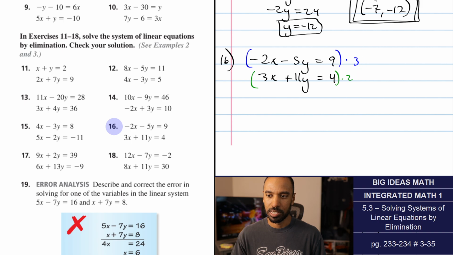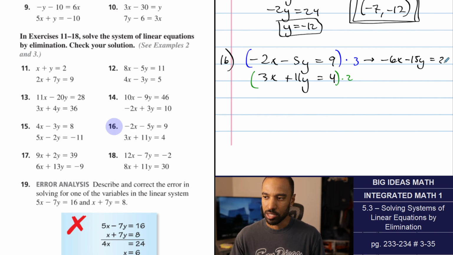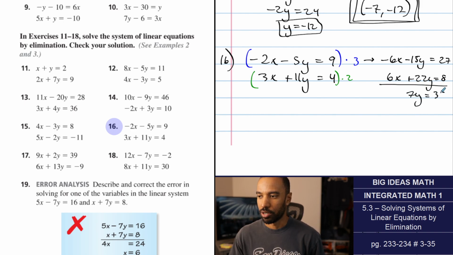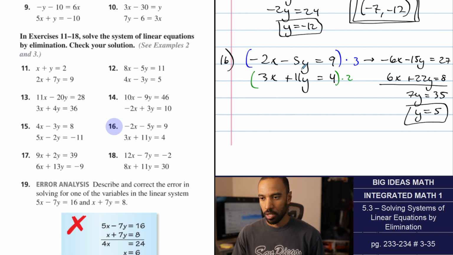Let's get rid of dem x's, and we get negative 6x minus 15y equals 27, and 6x plus 22y equals 8. X's eliminate, you get 7y equals 35. Divide by 7, you get y equals 5. Let's do the bottom equation.